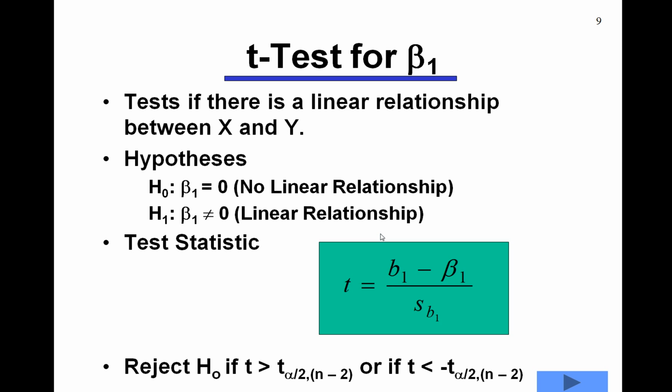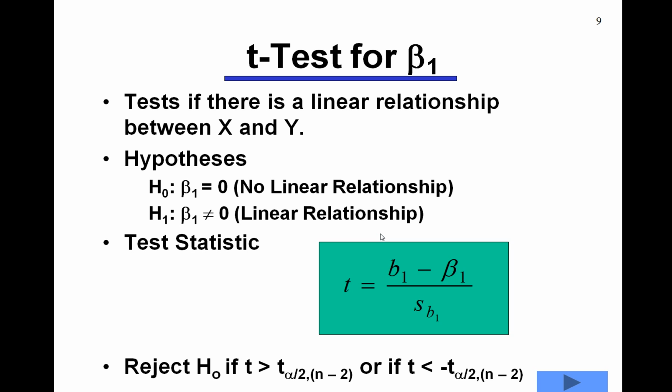The next thing we want to chat about, and again, all this is described in our textbook in great detail, is testing whether there's a linear relationship between x and y. That is, we want to test whether there's actually a slope or not. And so our null hypothesis is that there's no linear relationship, that is, that the slope of the line associated with our regression model is 0, versus the alternative that that slope is not 0, which would be indicative of a linear relationship.